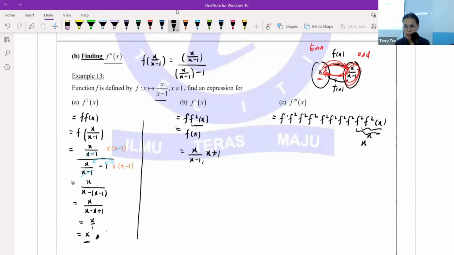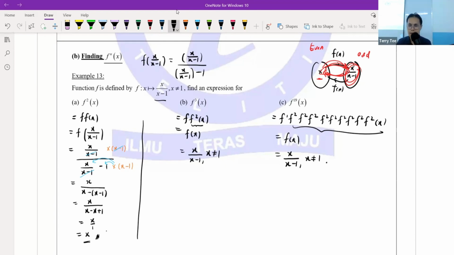Every f2 maps onto x. So all these will cancel; the whole thing can cancel each other off. You end up getting f(x), and my f(x) is x over x minus 1. Again, x cannot be 1. So you notice that f1, f3, f5, f9, f19, they're all the same as f(x), because every f2 maps onto itself.